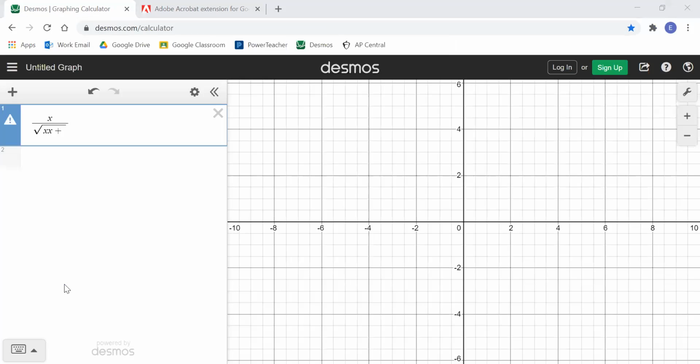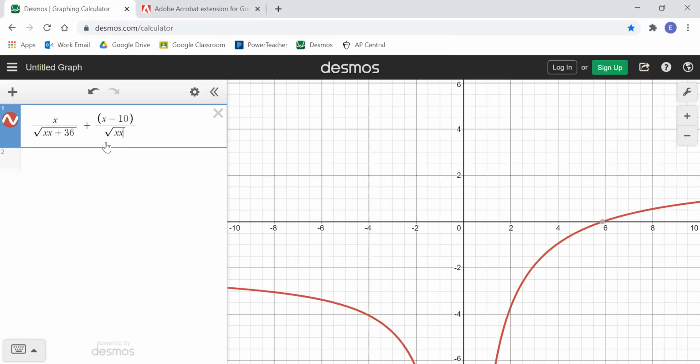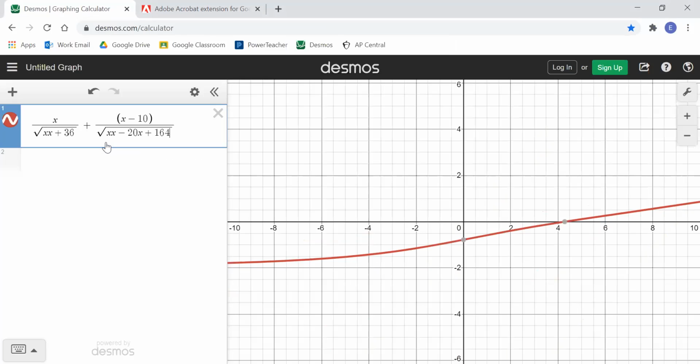So, x over root x squared plus 36 plus x minus 10 over root x squared minus 20x plus 164. And it looks like that crosses through at 4.286, which doesn't seem like a nice, easy value, so we'll just use that value.